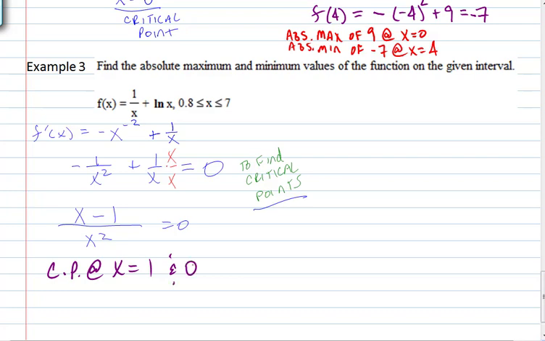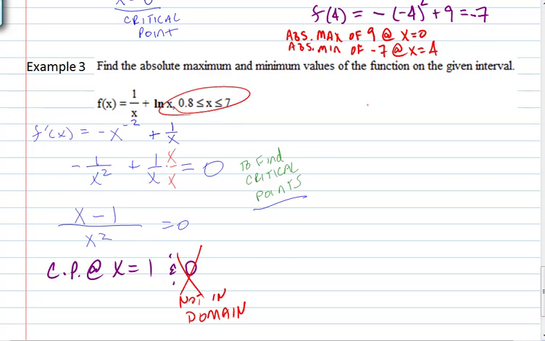Why can we disregard this one? It's not in the domain. So if you have a critical point that's not in the domain that you're given, you don't have to worry about checking it, because we're wanting to know the absolute max and min on this interval.